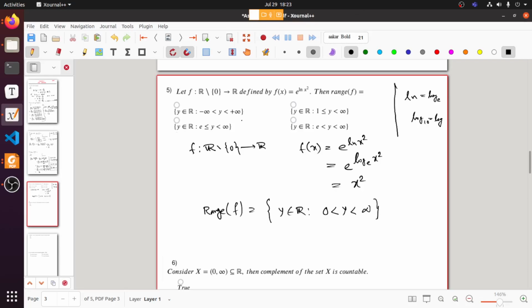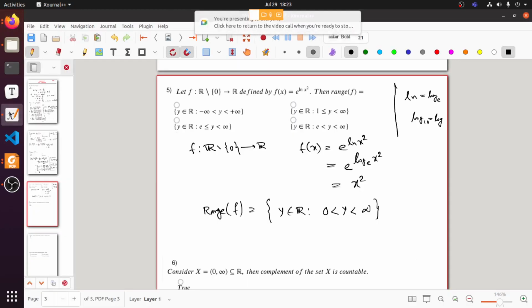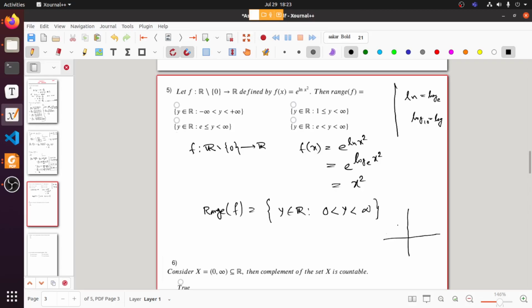So here the options are not one of these, so the options are wrong. So this is the range of it, right? What do these x square functions look like? This is y equals x square, but here 0 is not there.